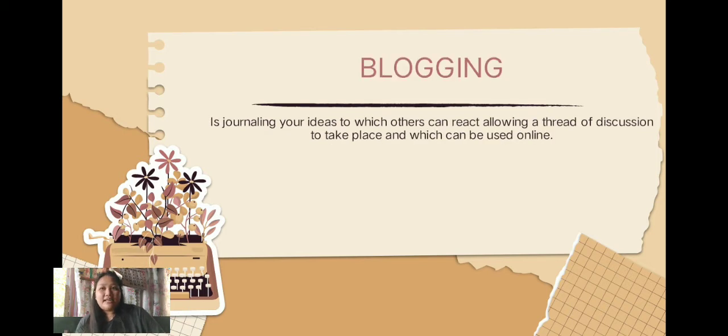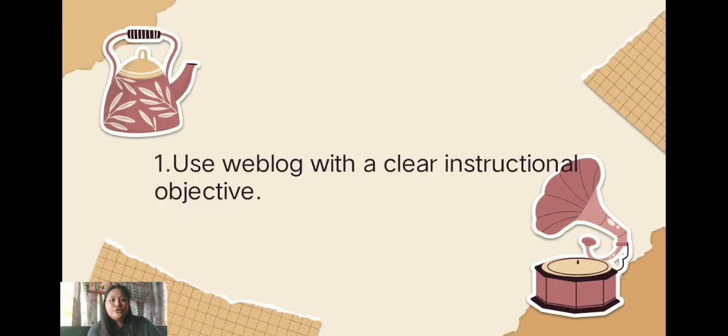Next one is blogging. Blogging is journaling your ideas to which others can react, allowing a thread of discussion to take place, and which can be used online. So these are the things that we need to remember when using a blog. As a future educator, you should guide your students how to design the whole blog or upload materials and support students in developing critical communication, because writing a blog is an opportunity to develop the skills of communicating ideas.